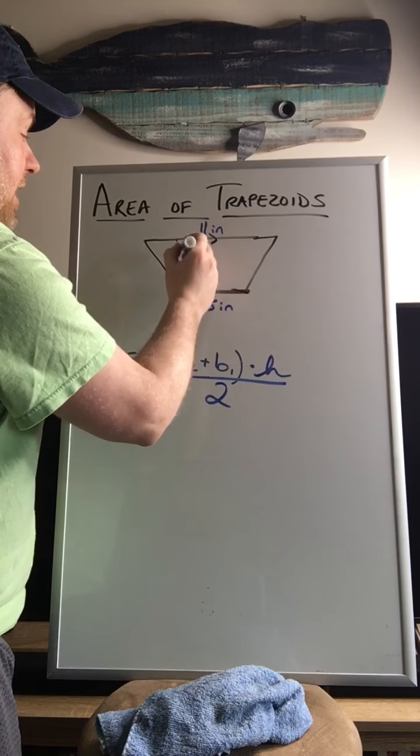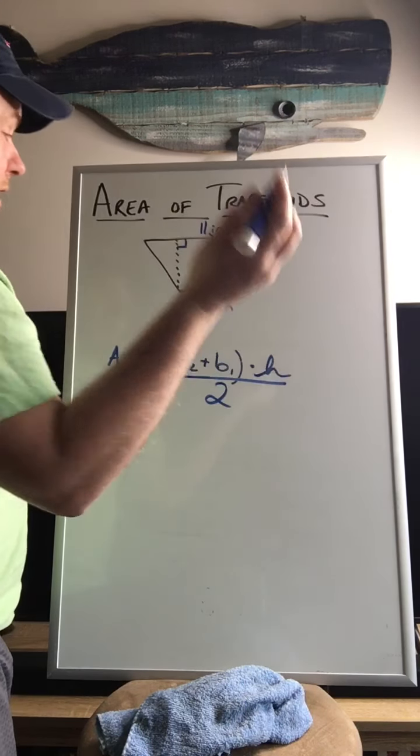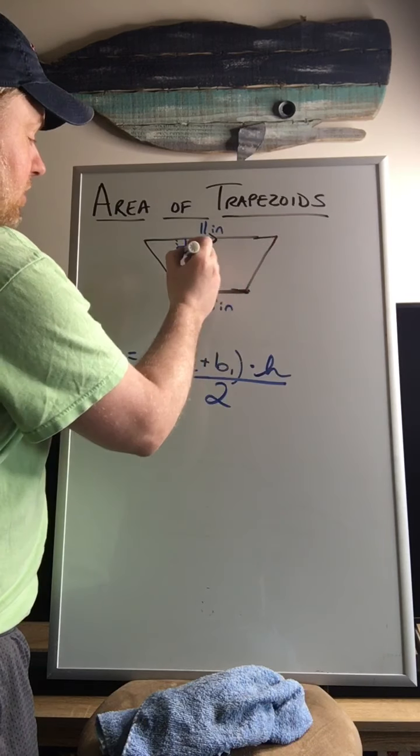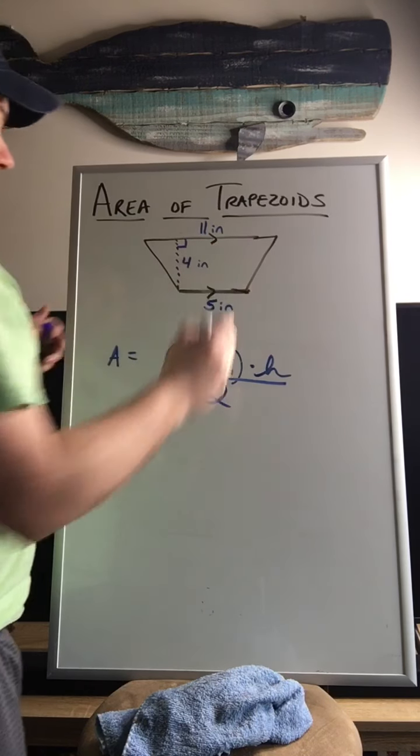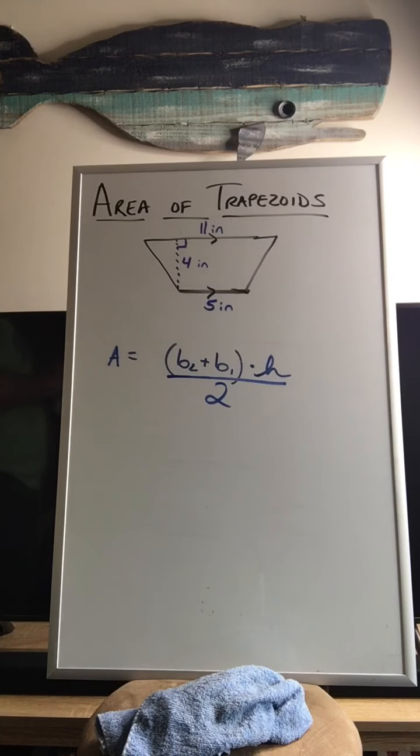And this height here of it was, let's say 4 inches. And you wanted to find the area of that trapezoid. Okay? So take a second and why don't you try that on your own. If you need to pause the video, and then we'll come back.